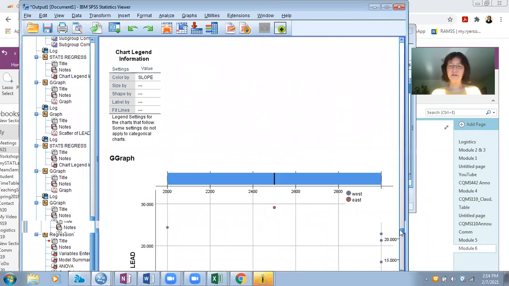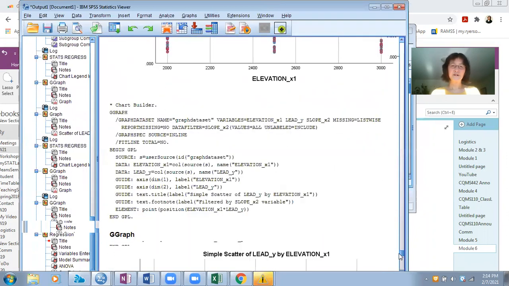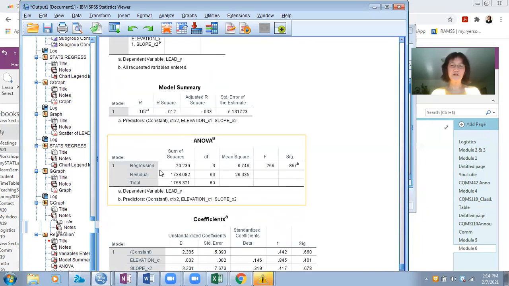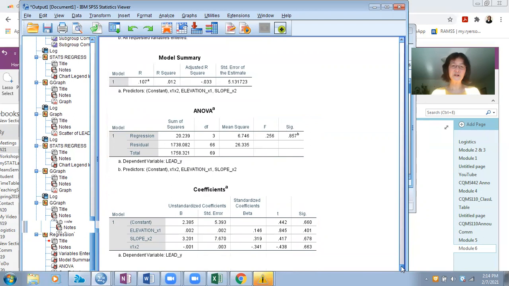So now you have this result. Model summary. ANOVA table. The p-value is 0.857. This p-value is greater than alpha, so the model is not significant. The model is not significant. And over here, you have the coefficient table.